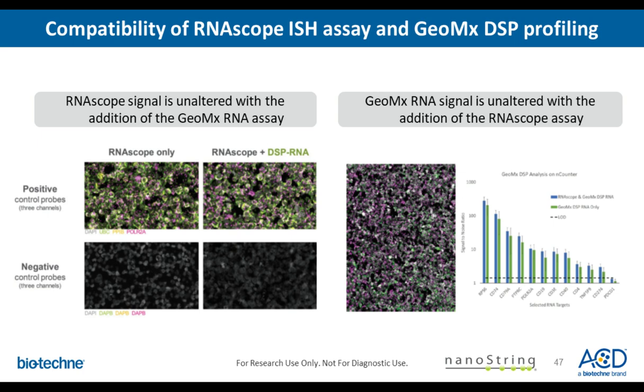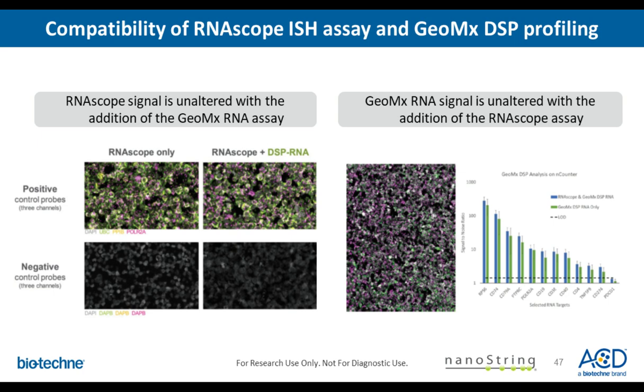On the left here, what we wanted to look at first was whether the RNAscope signal remains the same when we add GeoMx RNA assays on top. So these are control cell pellets I've shown here with 3 housekeeper controls. Looking at the left-hand side where it says RNAscope only, you can see bright signal, green, yellow, and magenta for the 3 targets.